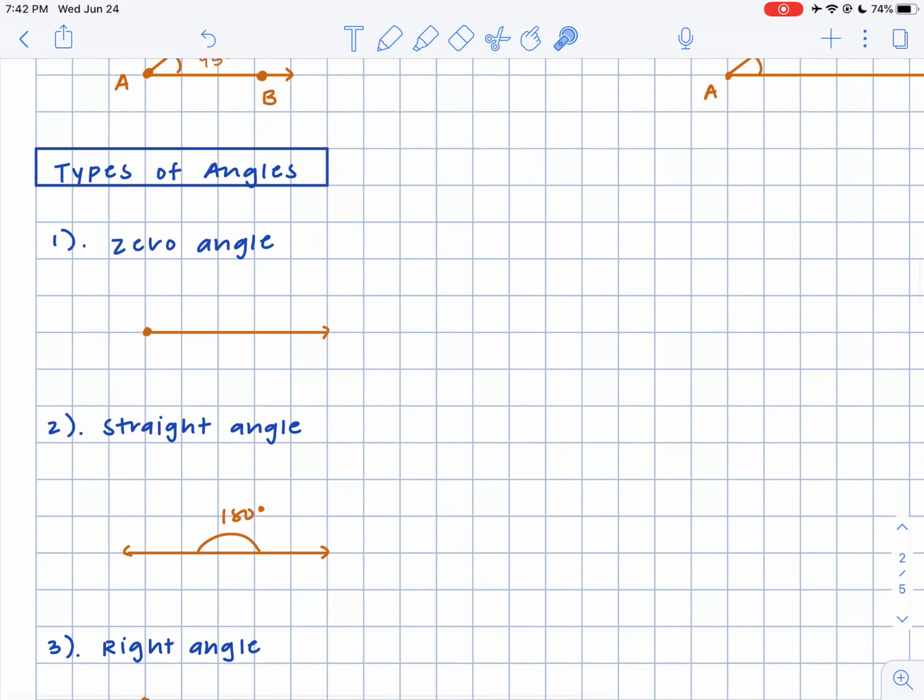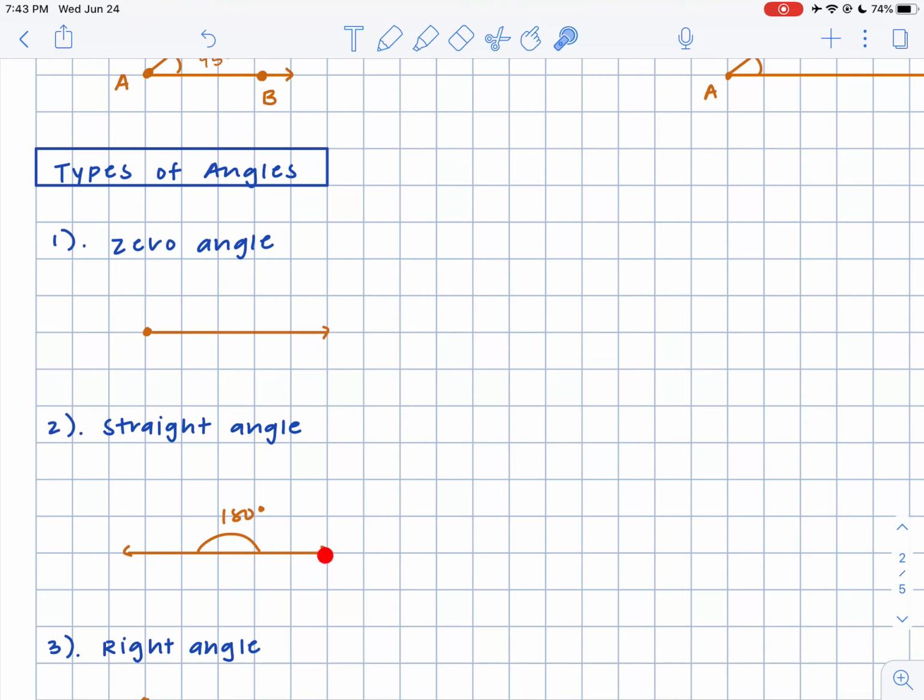Now, straight angle. The reason why I just did that demonstration is because it can be confusing to mix up zero angle and straight angle. So that demonstration was to help you differentiate zero and straight, okay? So notice how zero angle is a ray and a straight angle is a line. See, these arrows are indicating it's going on and on in both directions, right?